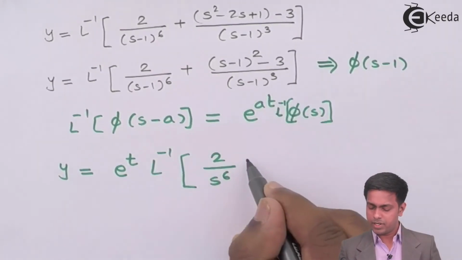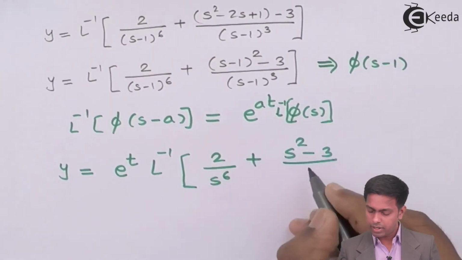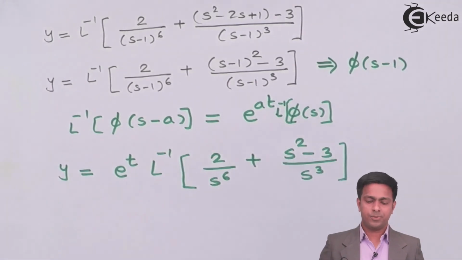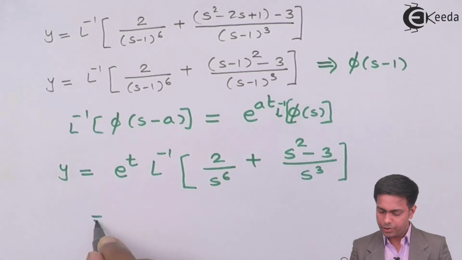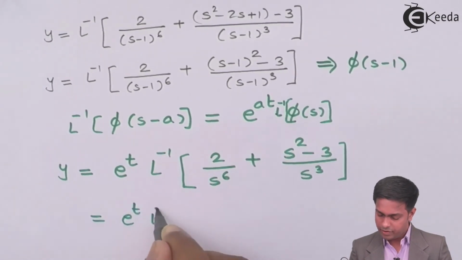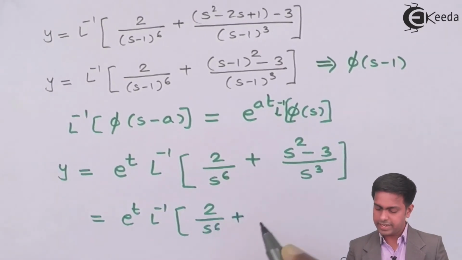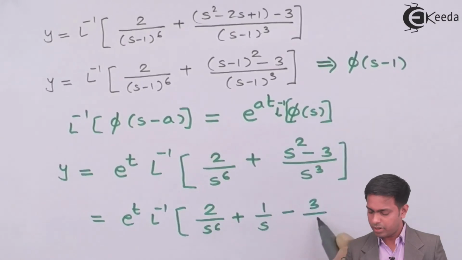Here we will get plus (s square minus 3) upon s cube. Now here I'll divide these two terms separately by s cube, so we will get e to the power t L inverse of 2 upon s raised to 6 plus s square upon s cube is 1 upon s minus 3 upon s cube.